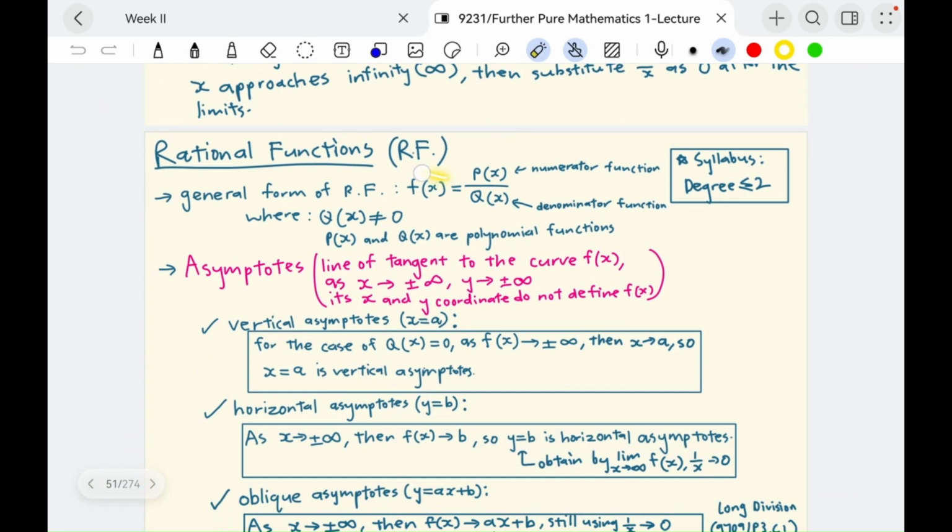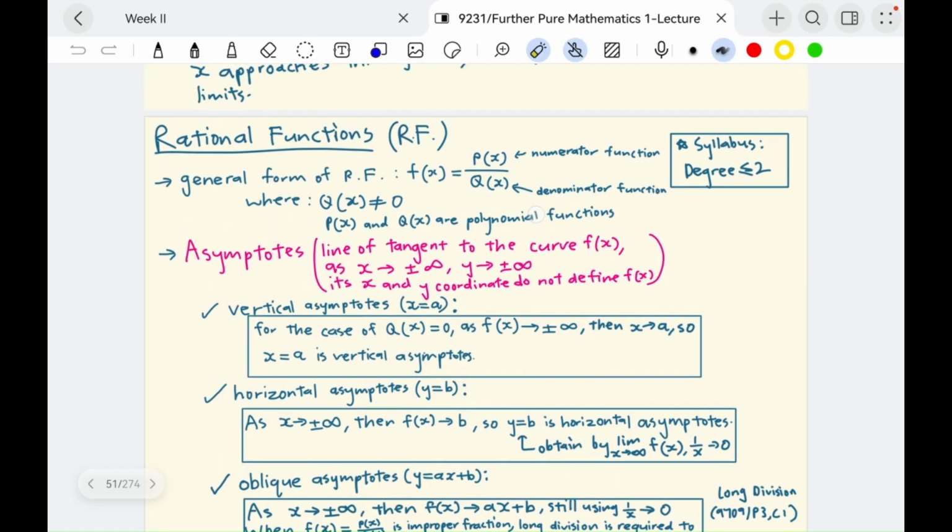A function is given as y equals f(x) equals p(x) over q(x), where p(x) is known as the numerator function and q(x) is the denominator function. Both p(x) and q(x) are polynomial functions. From now on, I will call the degree of p(x) the degree of the numerator, and the degree of q(x) the degree of the denominator, for both polynomial functions.